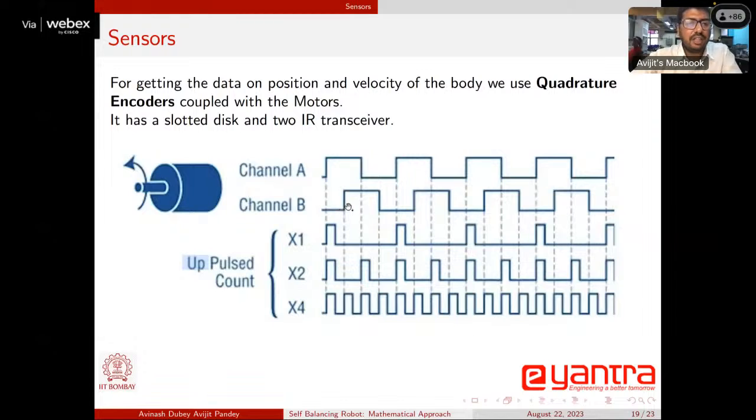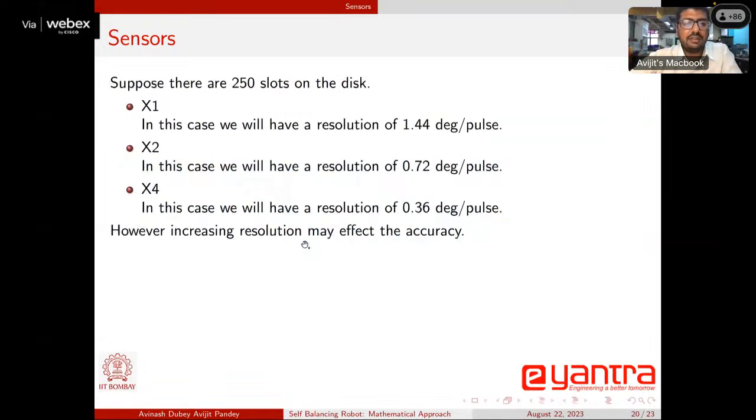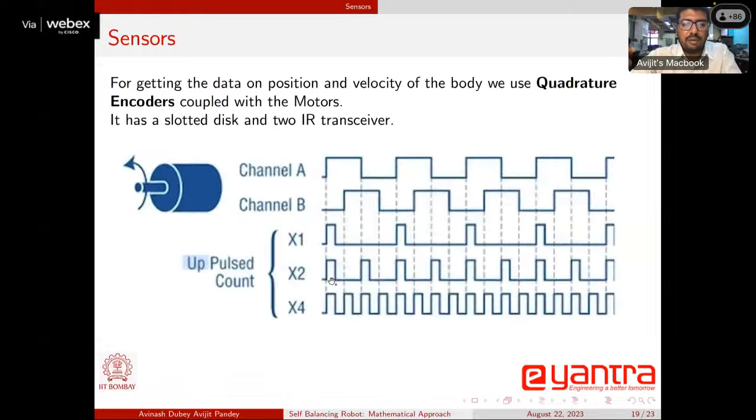And the same thing will also happen for channel B. So this quadrature encoder can be used in three modes, that is single mode, double mode, and quad mode. The single mode means we are counting pulses coming from just one channel and dividing 360 degrees by that number of counts.